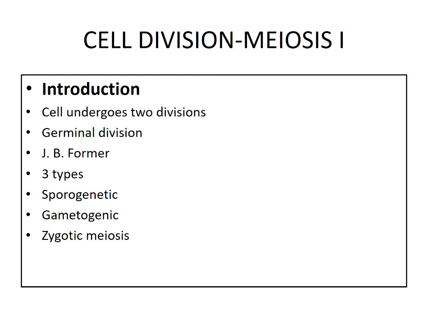The cell which is going to undergo meiosis is called a meiocyte. Meiocytes are of different types. The first is the oocyte, a meiocyte which produces ovum or egg.